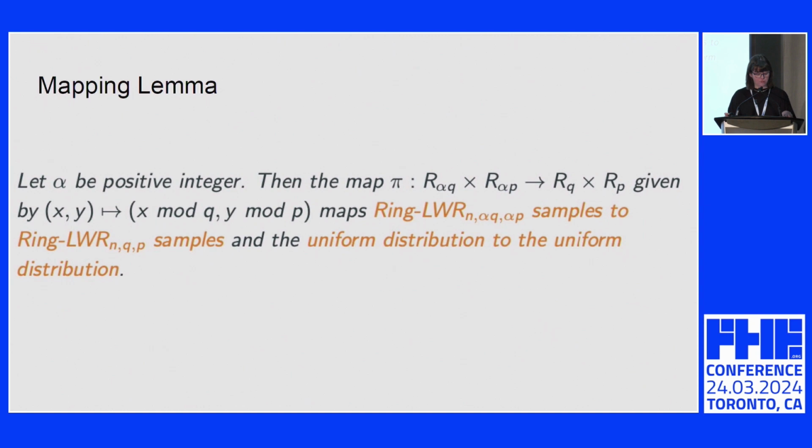So we have a mapping lemma, which we introduce in order to say that we can map things from ring learning with rounding to ring learning with rounding, and also uniform to uniform. The reason we want to do this is because it's going to help us when we're going through the security proof, to make sure that we can reduce between the 3 moduli problem and the regular learning with rounding problem.